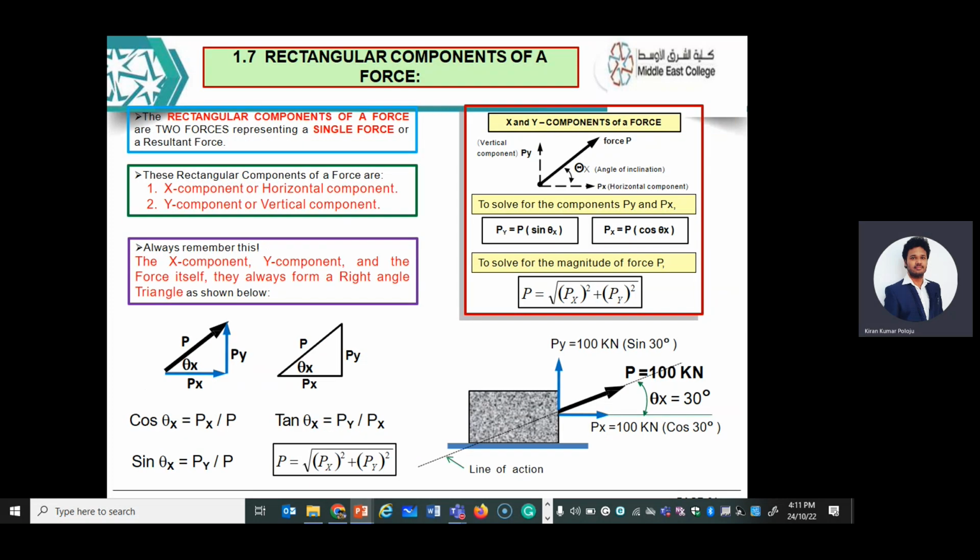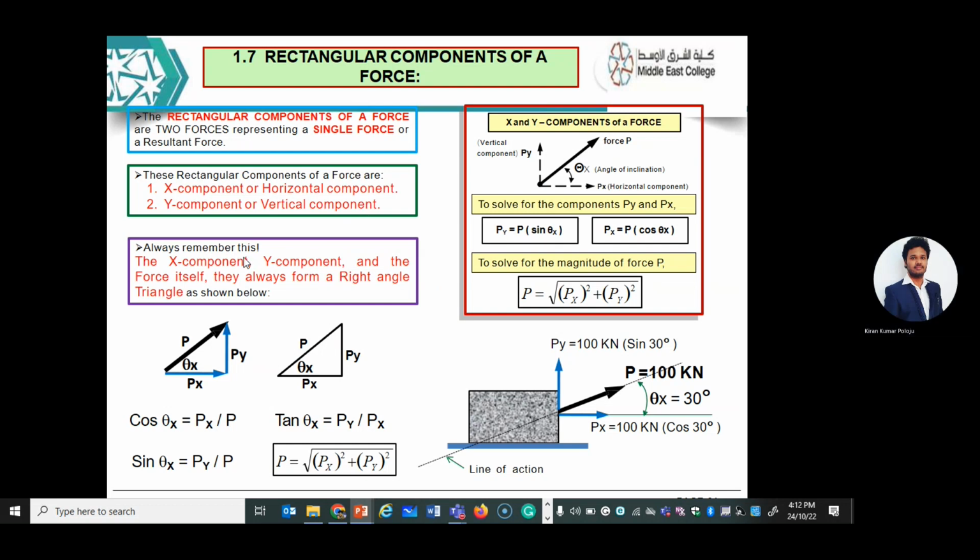Resultant will come later. So to calculate the force, we need the horizontal force and vertical force. Force might be horizontal or vertical or inclined. Any type of force might be there. So depending on the direction of the force, we have to calculate the force. And based on the horizontal and vertical force, we have to calculate the resultant.